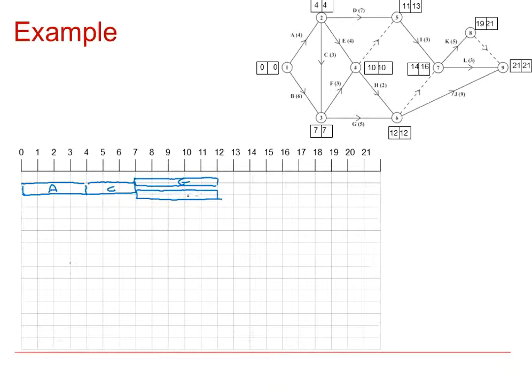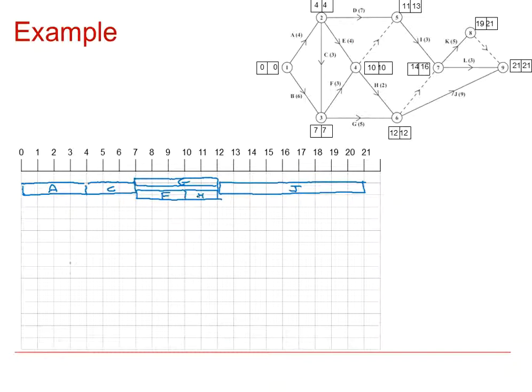F went from 7 to 10 and H from 10 to 12, and then from 12 to 21 we had critical activity J. So there's the critical ones too. We can see the 2 critical paths.